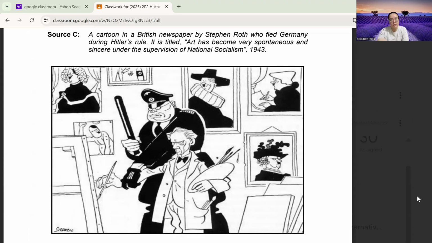So in this cartoon by Stephen Roth, published in a British newspaper, we see a cartoon titled "Art Has Become Very Spontaneous and Sincere Under the Supervision of the National Socialism." National Socialism is just a longer name for Nazism. And this is in the midst of the Second World War.